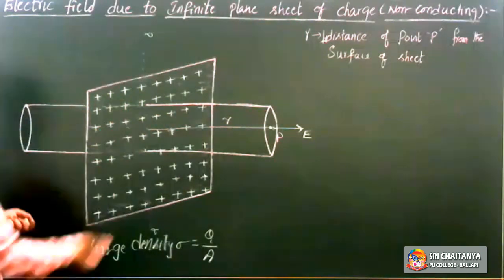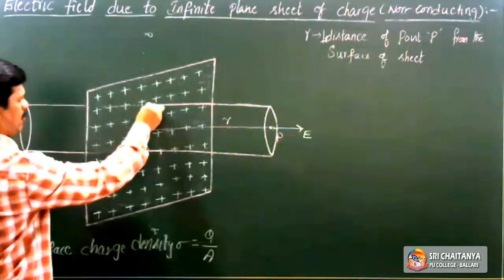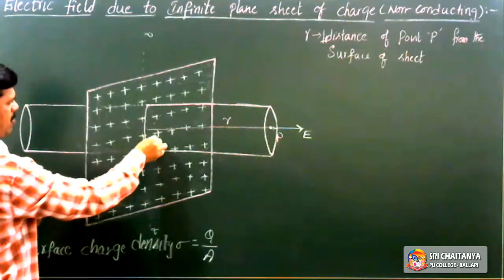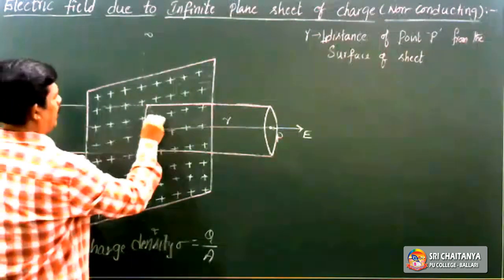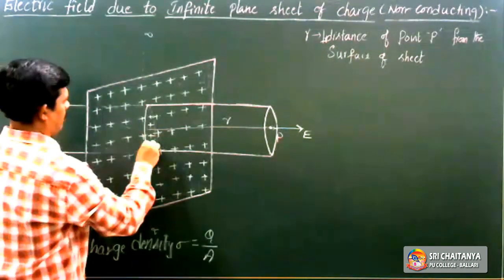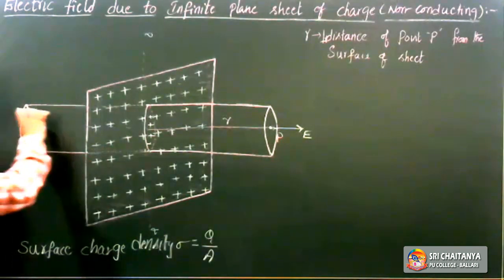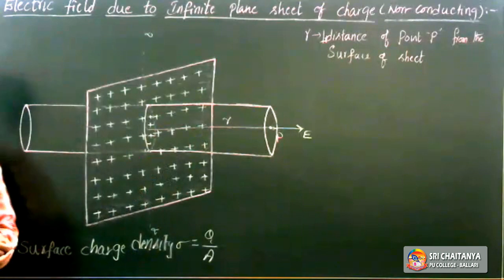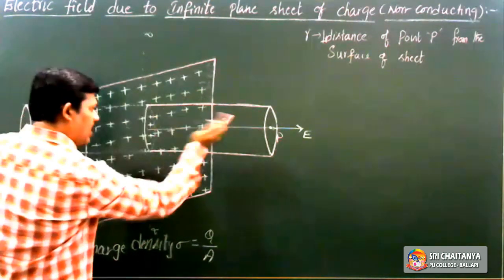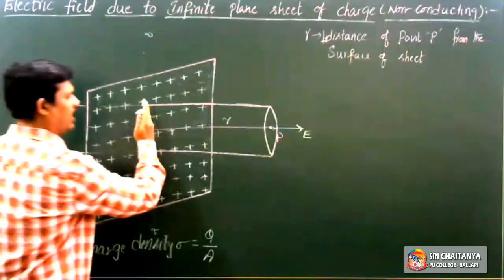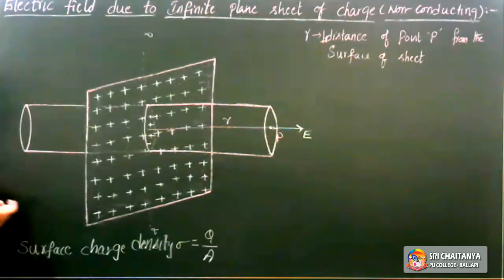This is the Gaussian surface. It should be symmetrical on either side as per the rule, so on this side also the shape should be the same.